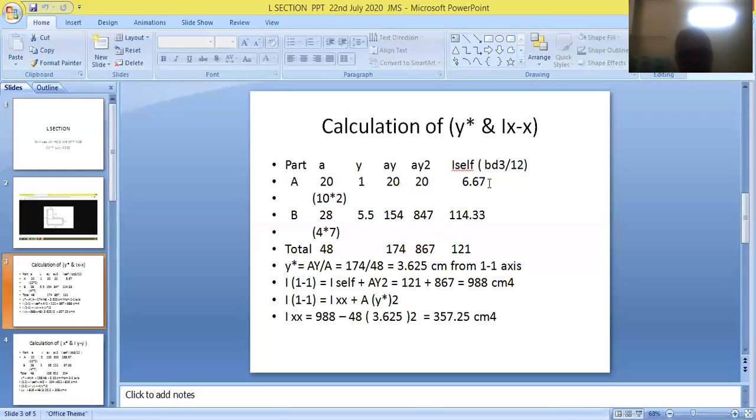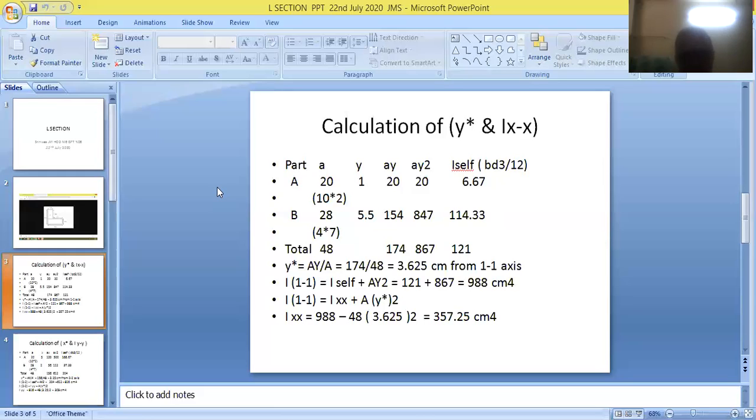Friends, this is given by a formula that is BD cubed by 12. Simply you substitute the values of B and D of individual sections in this formula. You take the B and D values of the first component and substitute in this equation, you get the first value, and take the B and D values of the second component, substitute in the same formula, you will get the second value.